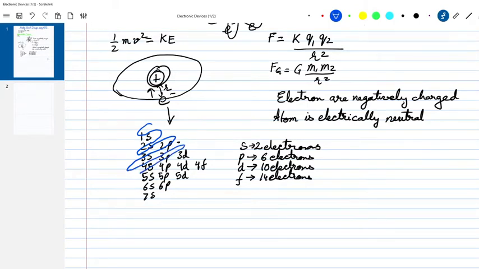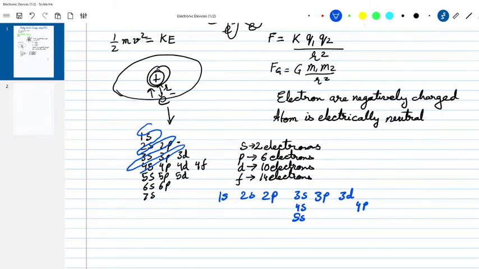This goes across like this, so it will be 1s, then 2s and 2p, then 3s, 3p, then 4s, then 3d. So that's how it's going to fill in: 4s, 3d, then 4p, and then 5s, based on energies.